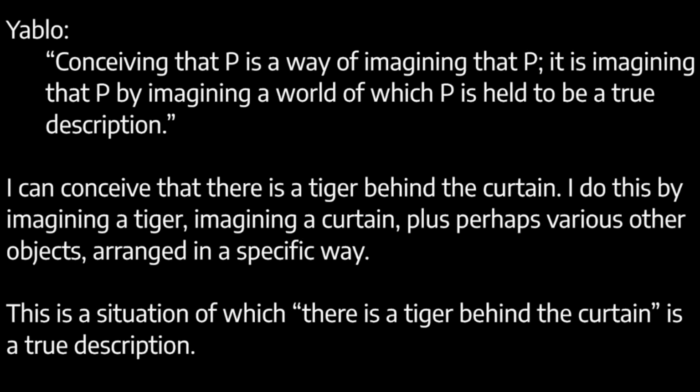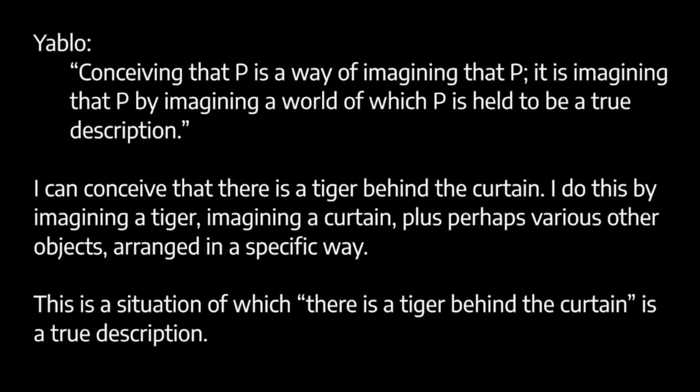Arranged in a particular way. And what I've done here is I've imagined a situation in which the proposition "there is a tiger behind the curtain" is true. There are various different situations I could imagine that would make that proposition true. I might imagine a tiger with a different colour, or facing in a different direction, but there's a broad range of situations where, if there were such things arranged in such ways, then the proposition "there is a tiger behind the curtain" would be true. And that's what it is to conceive of that proposition.